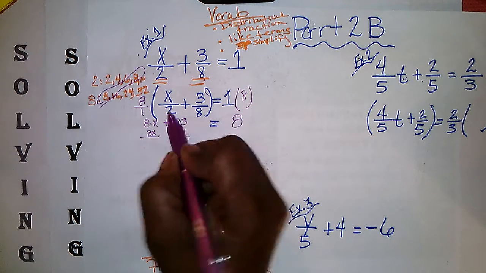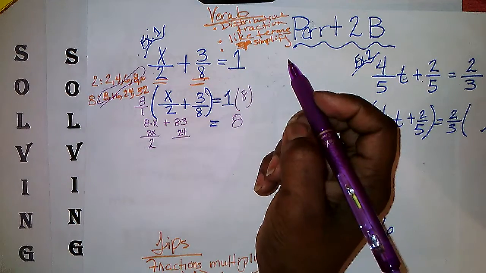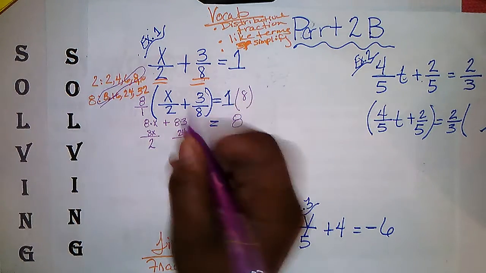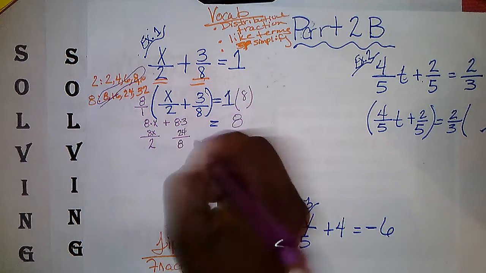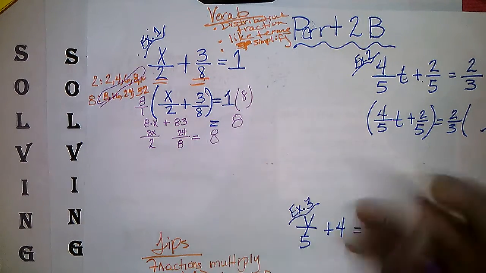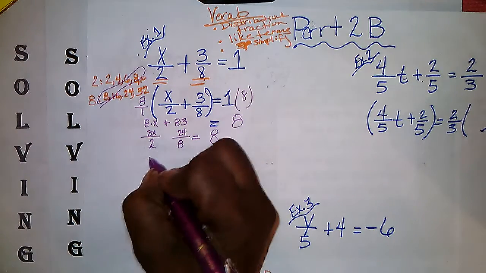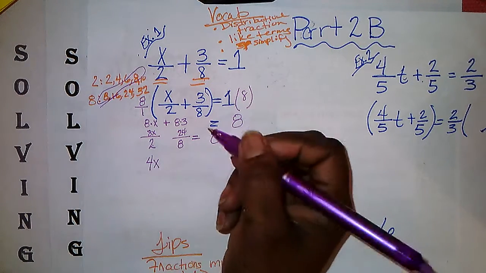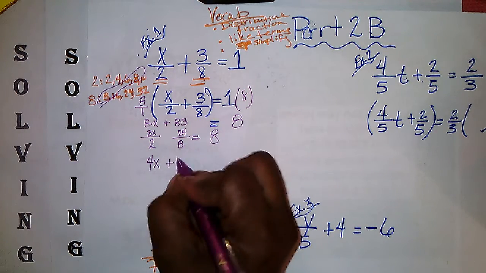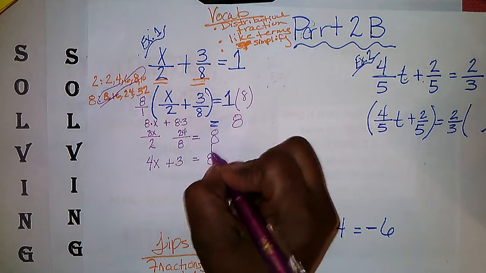So 1 times 2 gives us 2, and 1 times 8 gives us 8. Now, 2 goes in 8 4 times, leaving us with our x. 8 goes into 24 3 times, and we just bring down our 8.